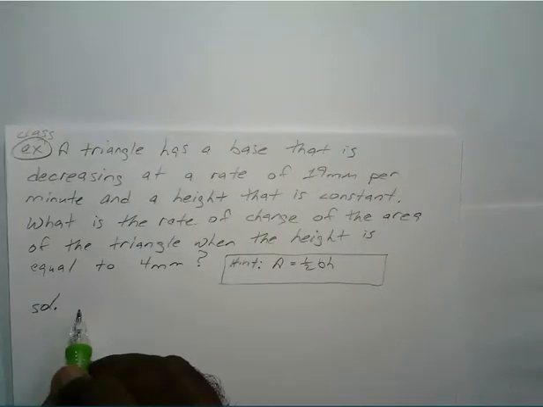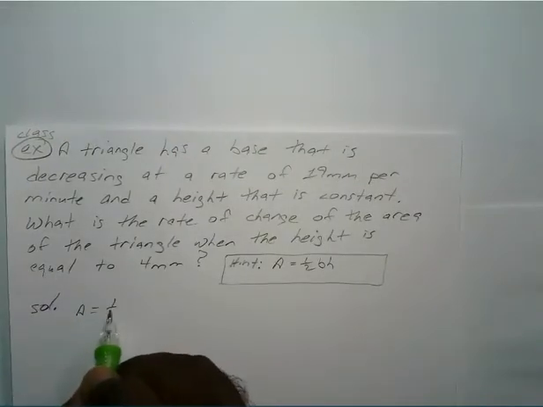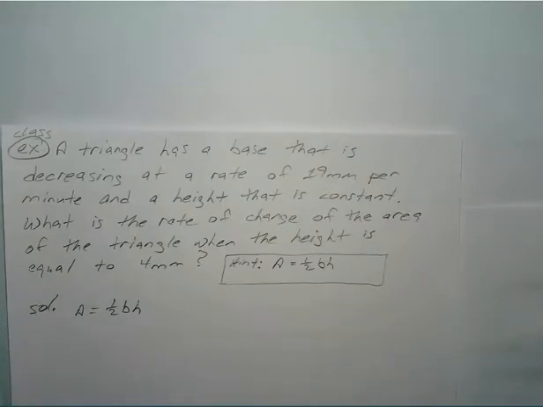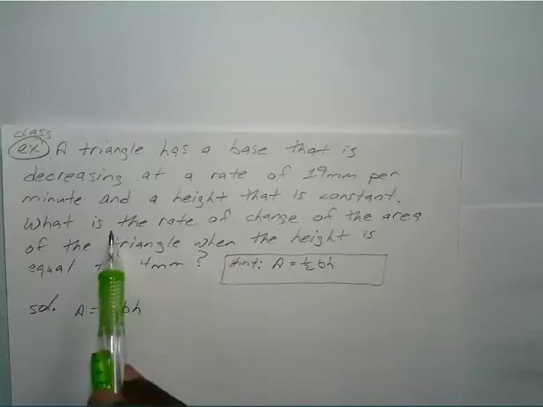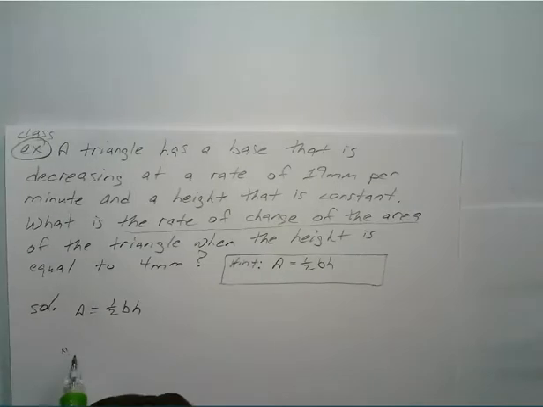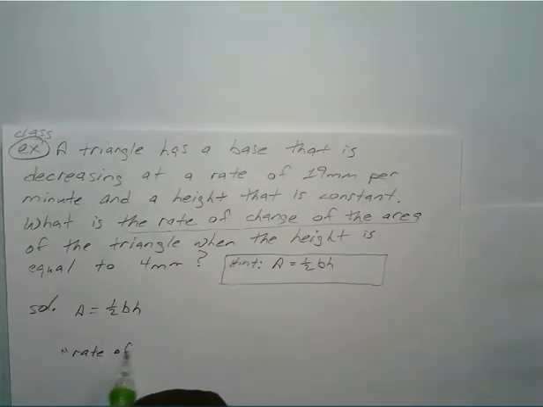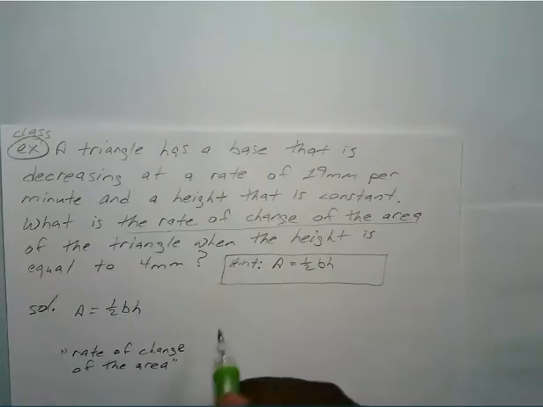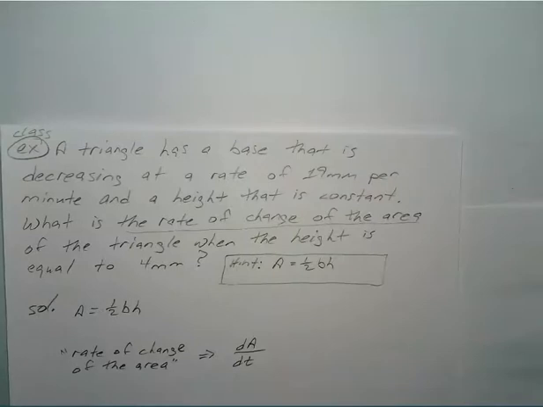Okay, so we know that the area of a triangle is 1/2 base times height. Okay, now when they say the rate of change of the area, that's the rate of change of the area with respect to time.